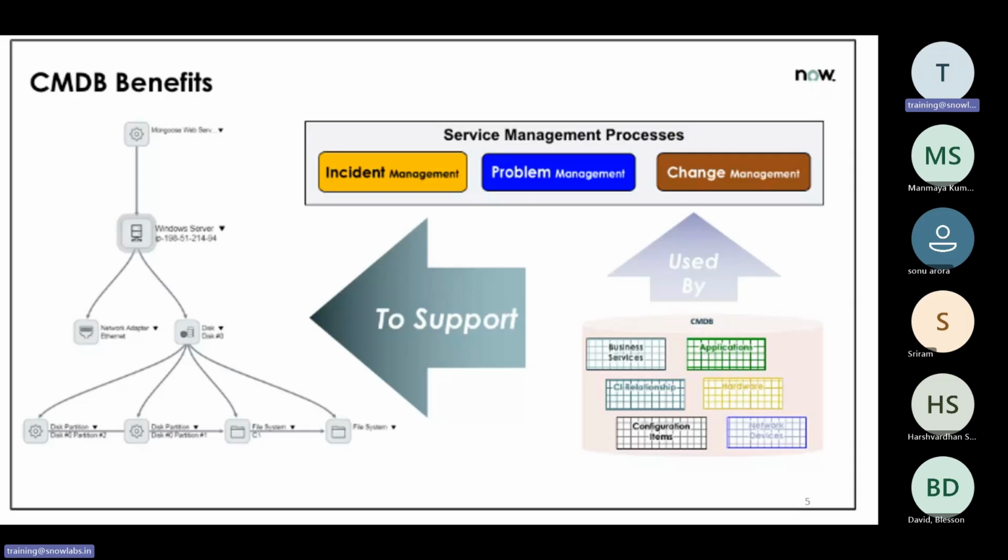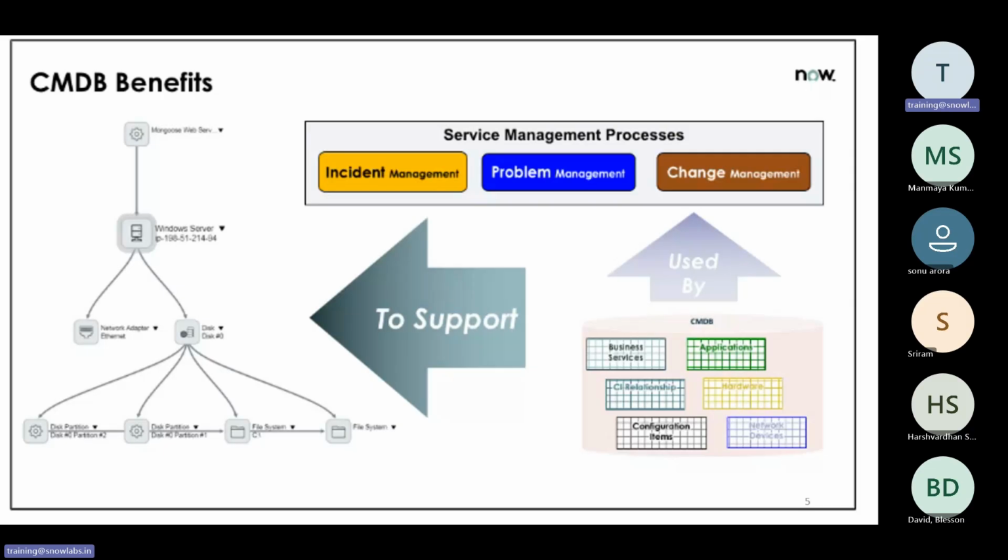Second, there should not be any duplicate records, like in any relational database. Third, there should not be any CI without relationship. That means there should not be any standalone CI. ServiceNow does not support orphan CI.